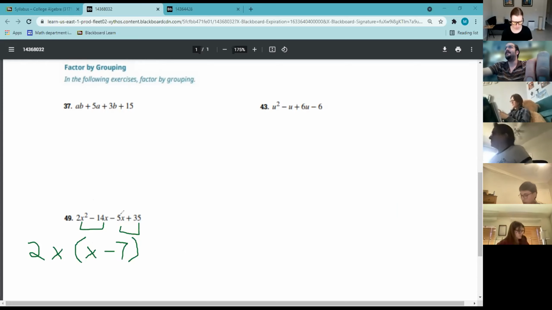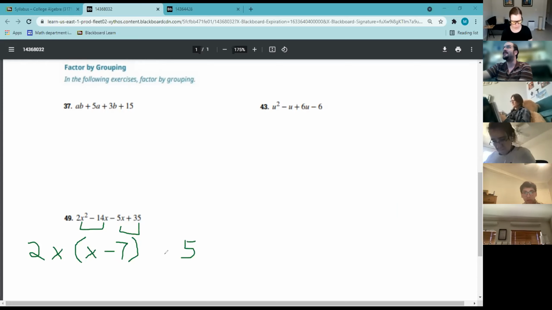What about this? What did you take out from minus 5x plus 35? Because this is where I think that thing's coming in. You can take out 5. And what should we really take out? It's got a negative there, so don't forget to take out your negative.